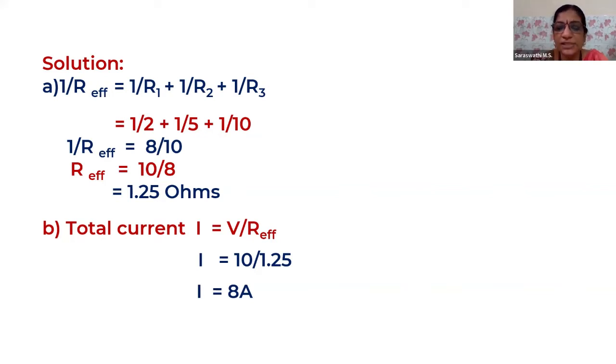Can you calculate for the same voltage what the current is going to be? 10 by 17. What is 10 by 17? 0.588, ma'am.